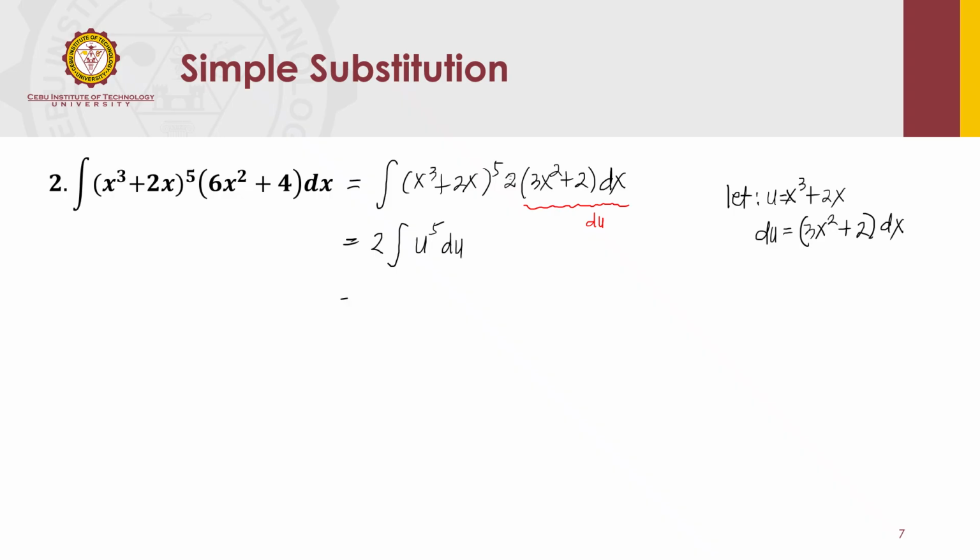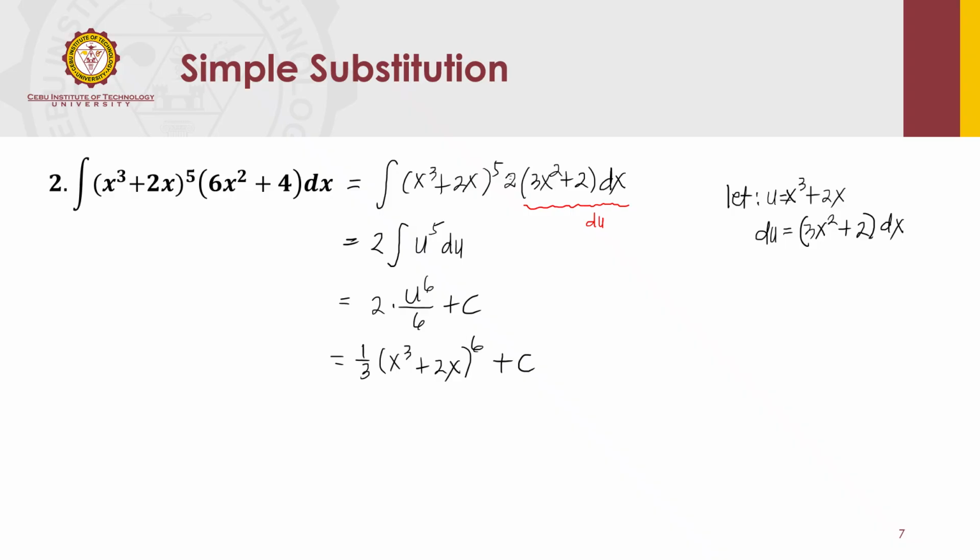So we use the power rule. And finding the value of the integral, it's u to the 6 over 6 plus c, or that's 2 over 6, or that's 1 over 3. Then putting back the value of u, x cubed plus 2x, quantity raised to the power of 6 plus c.